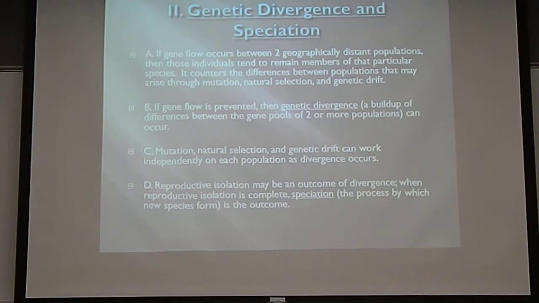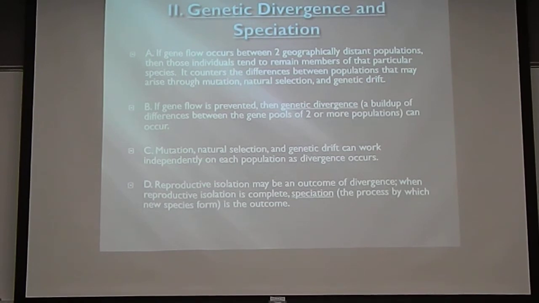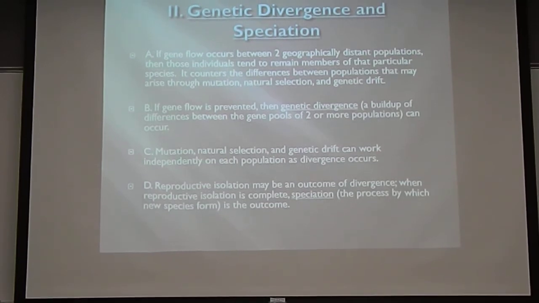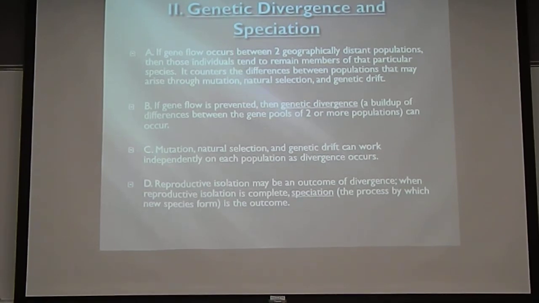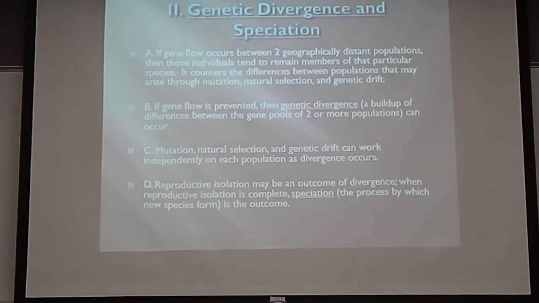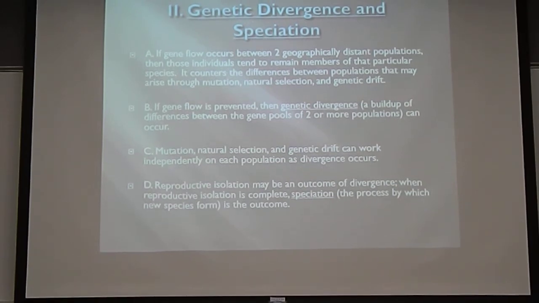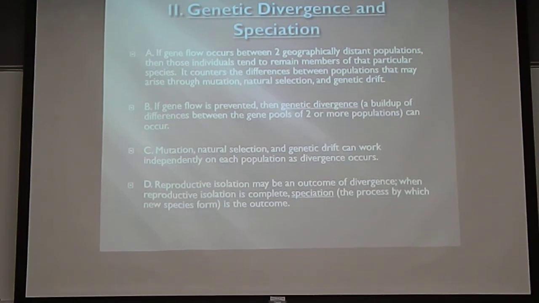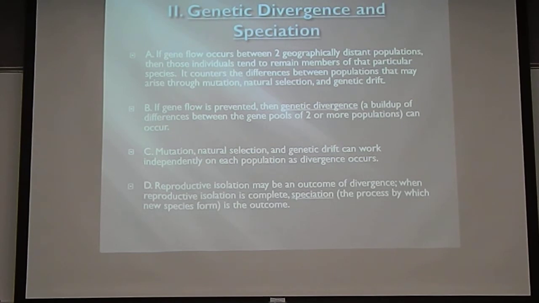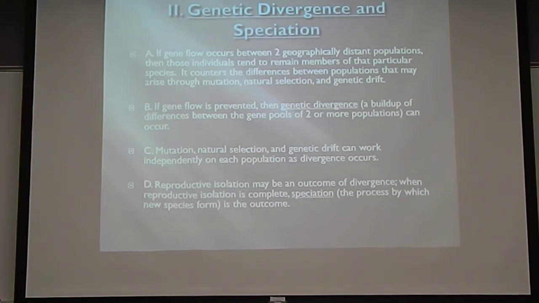But if gene flow is prevented, for instance, they cannot get past the Mississippi River, then the gene pools of the western coyote and the eastern coyote start to change, because natural selection, mutation, non-random mating, and genetic drift are all working on those gene pools.